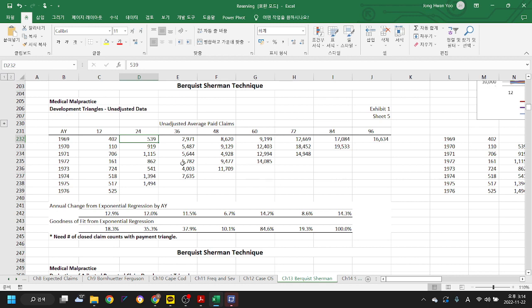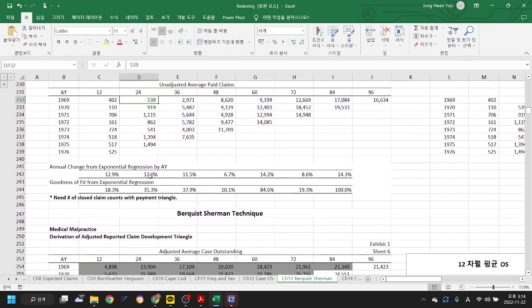Here it doesn't show that, but later in this part, you can have a look at it. This is also one, closed claim count, average paid loss. And we can find the trend factor. But as you look at it, especially for the earlier development periods, there is a huge discrepancy. It's not that stable.